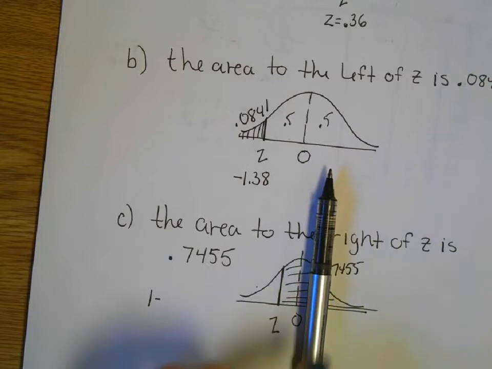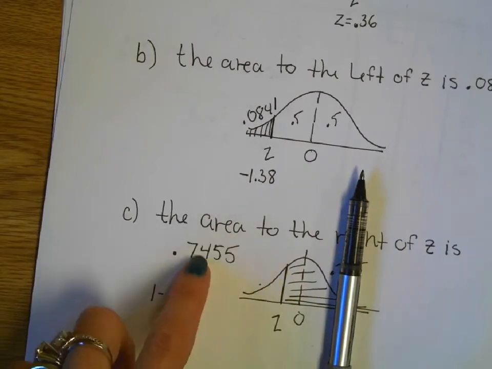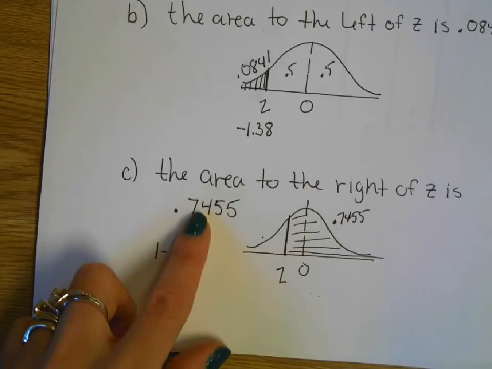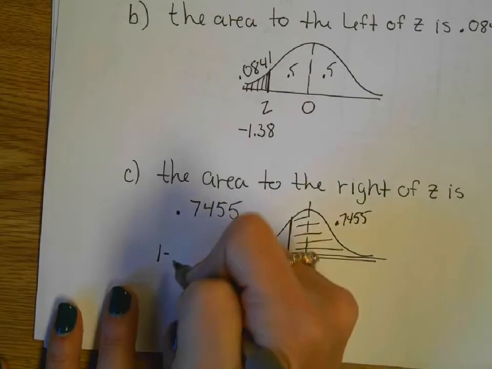If I go closer this way, I'm getting less and less to my right. I want over half of the graph to my right, so I've got to back up. I don't know why you can't wrap your brain around that.